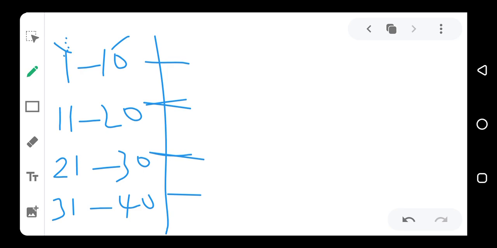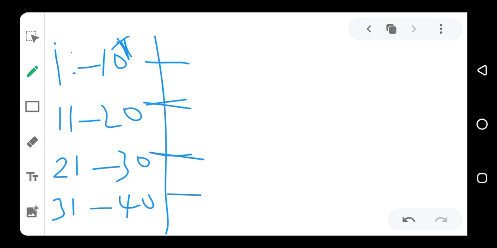Assuming this one is 2, now the lowest thing you can get to is 1.5. If you approximate it, you get 2. And the highest number you can get to leave the class, the upper limit is 10. So if you say 10.5, you approximate it to 11. So 11 is no longer within the interval, so it is leaving the class. So this is how to get the class boundaries.